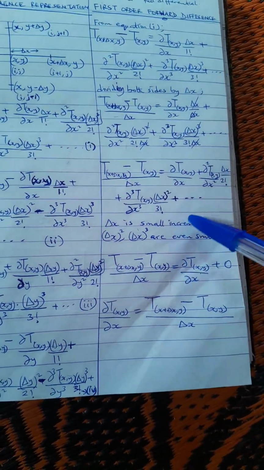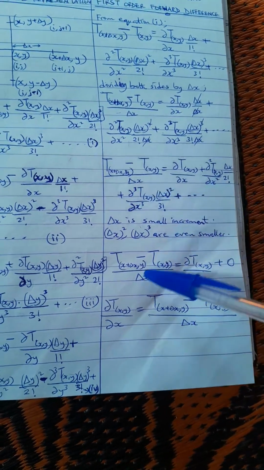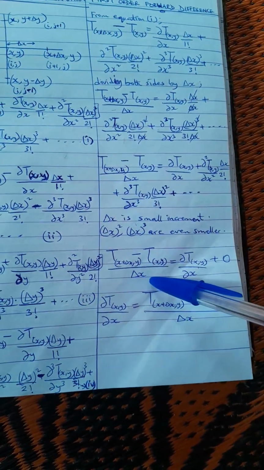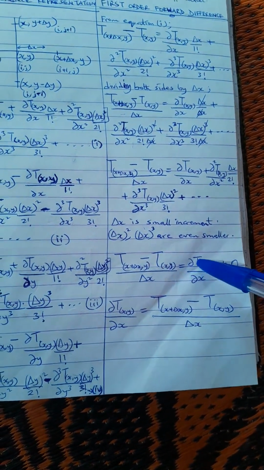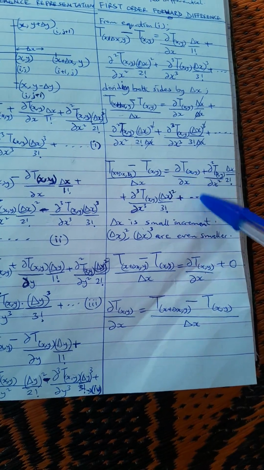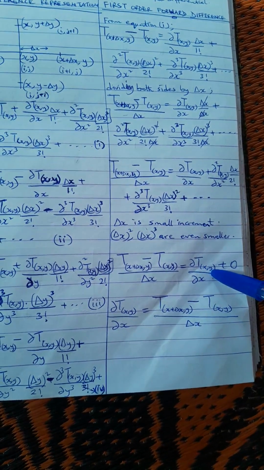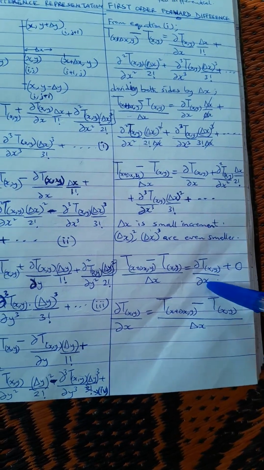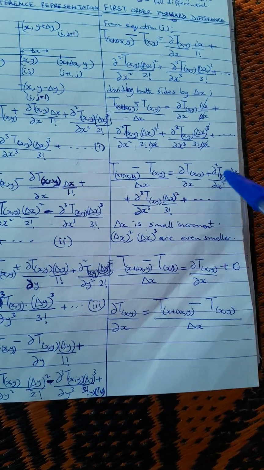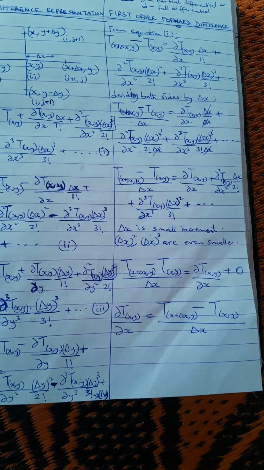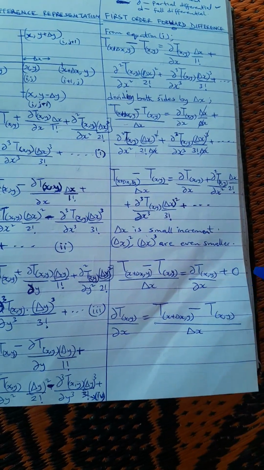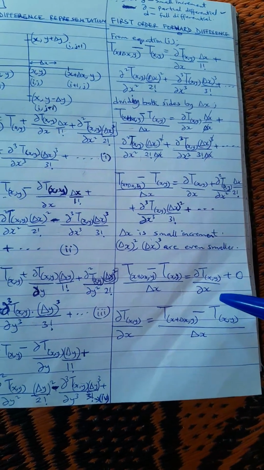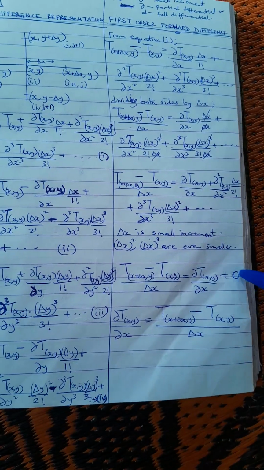So now if that is right, it means everything here divided by delta X equals to D T subscript X comma Y over dx plus everything here returns to 0 because they are very, very small. So you can't predict that this is the actual amount, so that's why we represent everything by 0.